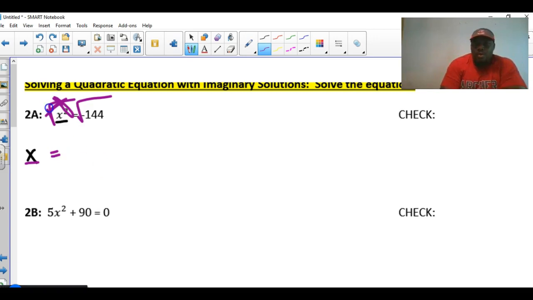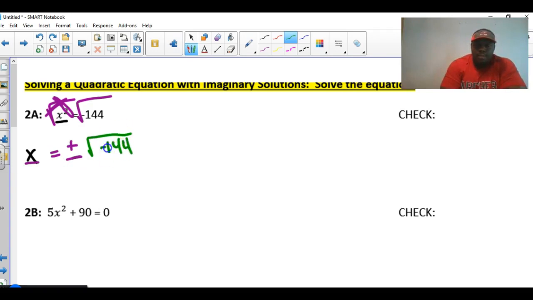Now, whenever you take the square root on both sides, guys, you're always going to have plus or minus. This goes with this step every single time. Whenever I take the square root on both sides of an equation, I instantly get plus or minus. All right? So now I have plus or minus the square root of negative 144. Just like we did on the last page, I have x equals plus or minus the square root of negative 144.